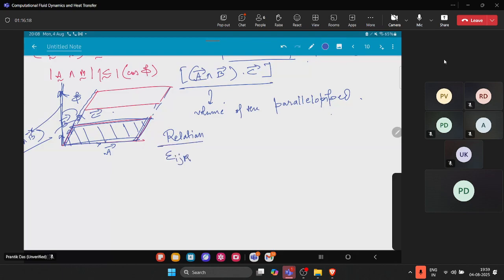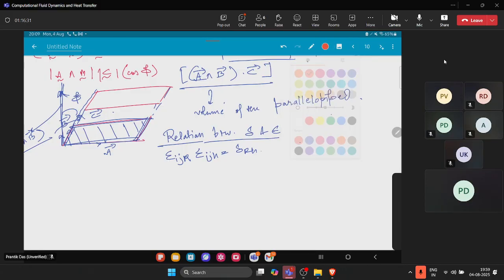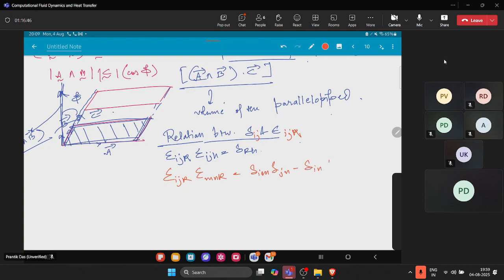So epsilon ijk epsilon ijh is basically equal to 2 delta kh, a relation between delta and epsilon. Delta ij and epsilon ijk. Then epsilon ijk epsilon imn is basically delta jm delta kn minus delta jn delta km.